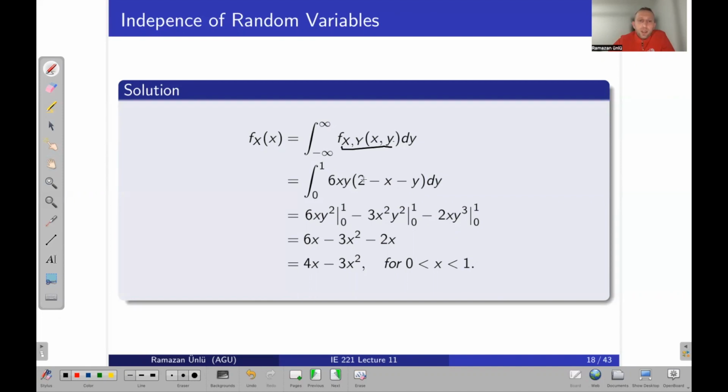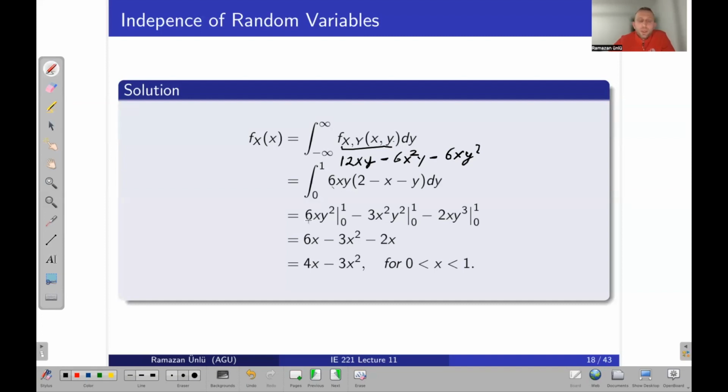If I integrate with respect to y, the integrand is 12xy minus 6x squared y minus 6 times x times y squared, right? So I can get the integration of each part here.